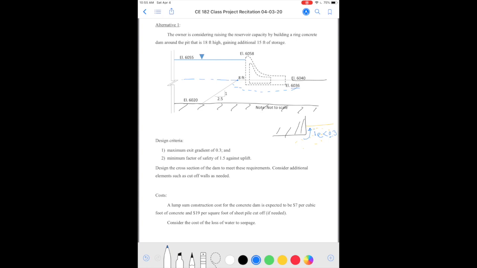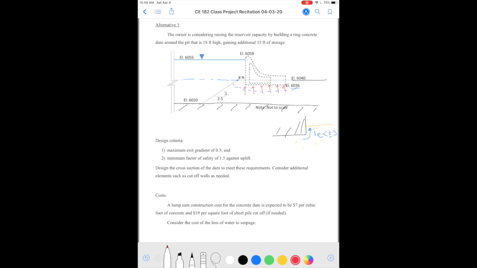So what's going to happen is that below the dam, we are going to have water pressure, and if the dam is too light, this force from below, which is called uplift pressure or uplift force, will make the dam float essentially. So we have to make sure that the structure is heavy enough.